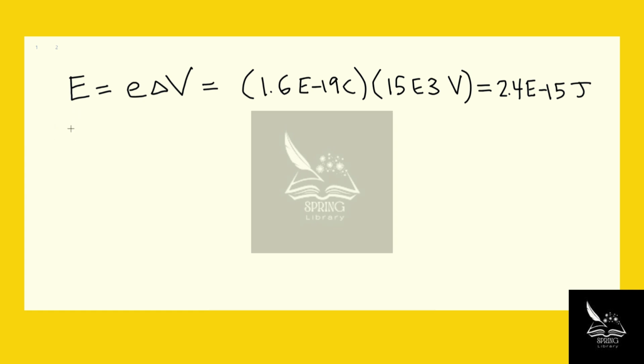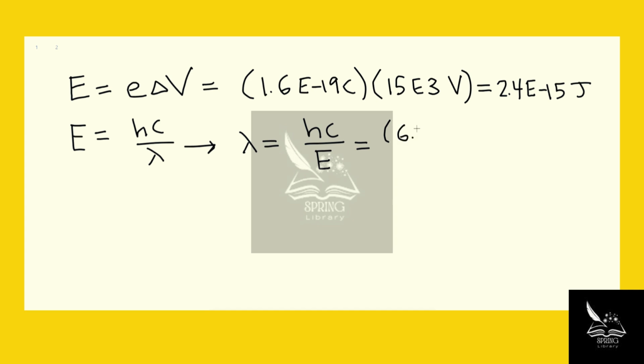Now, if we assume that all of this energy due to the accelerated electrons gets converted into the energy of the light, we can say that E is then also hc over lambda, which we can rearrange for lambda, which ends up just being hc over E. We can substitute in the E that we just solved for and use these values for h and c.